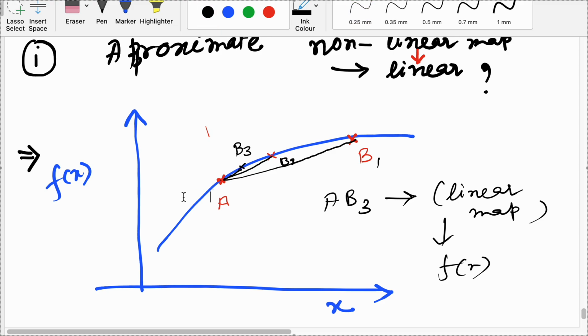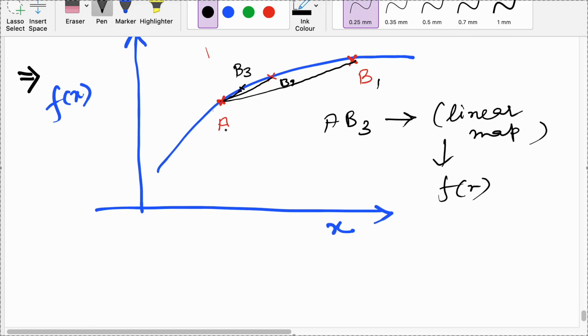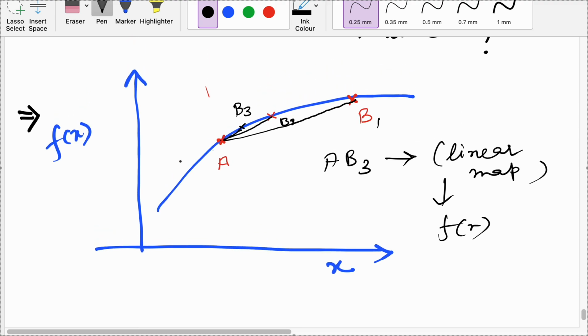But there is a catch: that will be a single point. If the distance becomes 0, then A and B3 are the same point, and that line is called the tangent of this curve at point A.